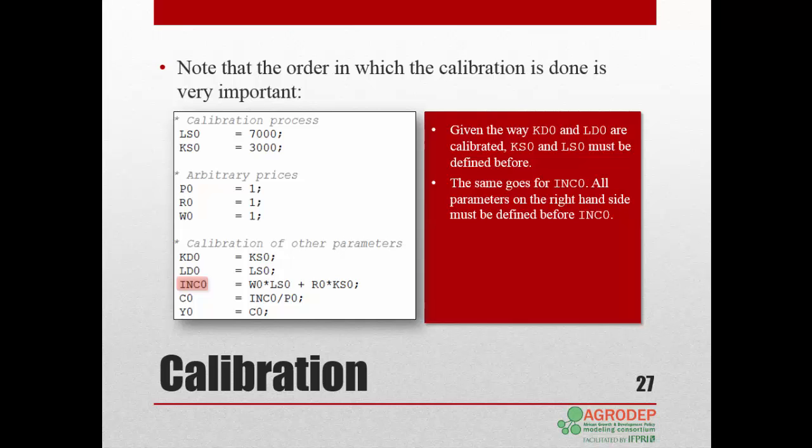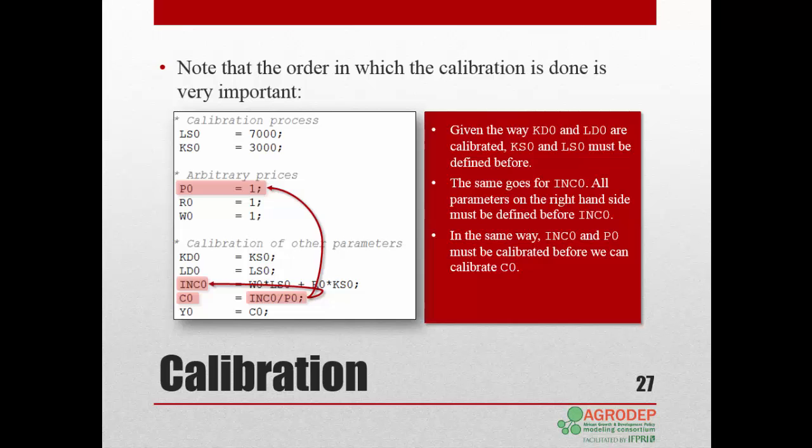Similarly, all parameters on the right-hand side of the income equation must be defined before income0, and so on for C0 and Y0.